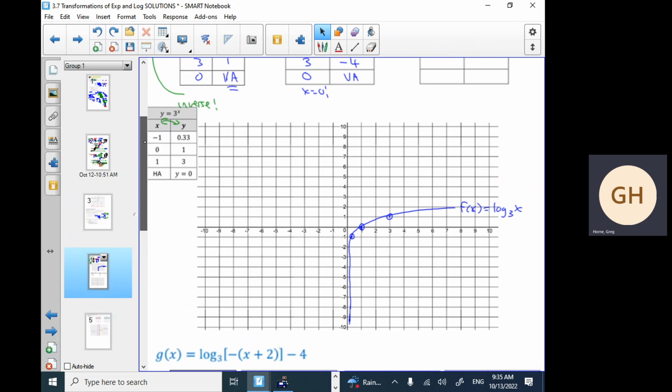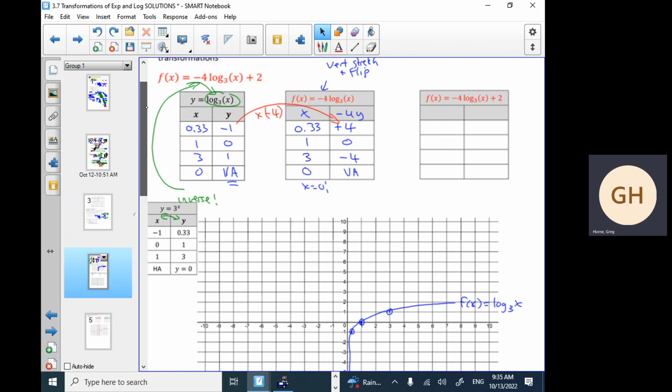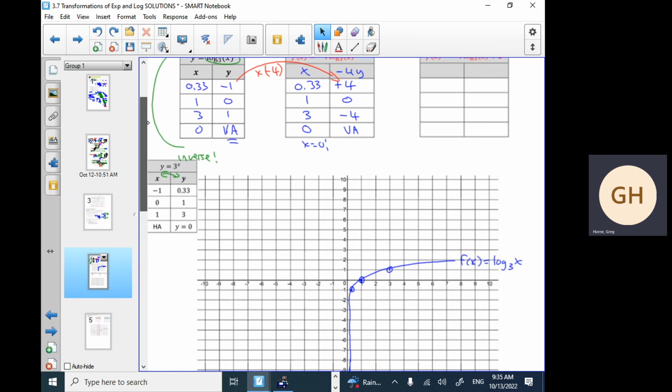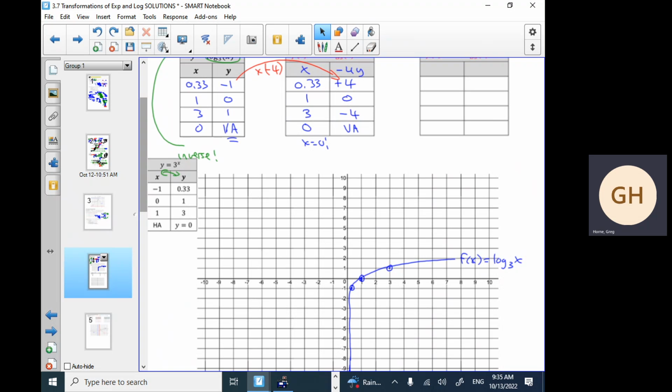Right? Then what's next here? We're doing the vertical stretch and flip. So the 0.33 was down 1, instead it's 0.33 up 4. At 1, I need to be at 0 still, because multiplying 0 by any number stays at 0.